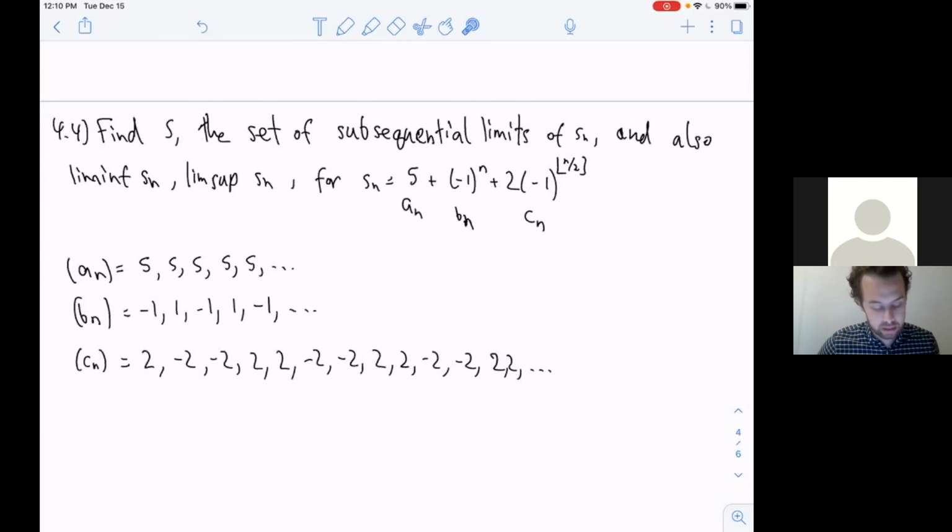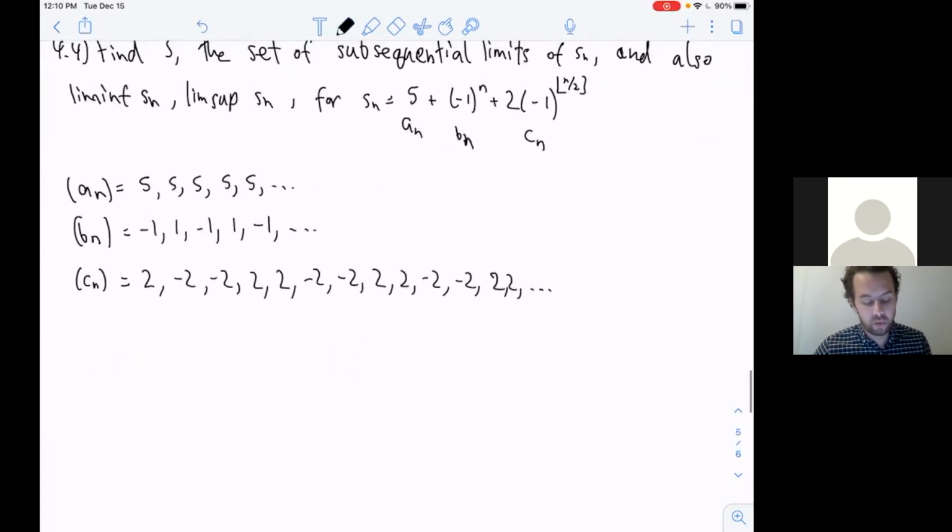So we don't care that much about the specific terms, except just notice that we get all the possible combinations here. We get 5, -1, and 2. We get 5, 1, and -2. We get 5, -1, and -2. We get 5, 1, and 2. And those 4 things are going to repeat indefinitely. So essentially, we're going to have 4 subsequential limits.